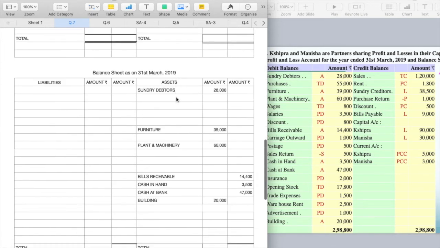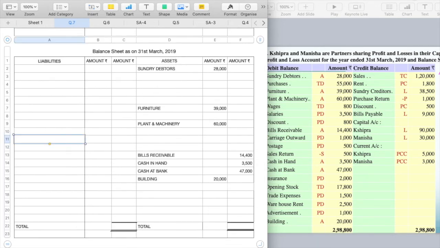Creditors, liabilities, so leave 6 to 7 lines and then write sundry creditors, as there is a current account also. If there is a balance here, we can write the current account here itself. So creditors 38,500, inner column, leave 2 lines.